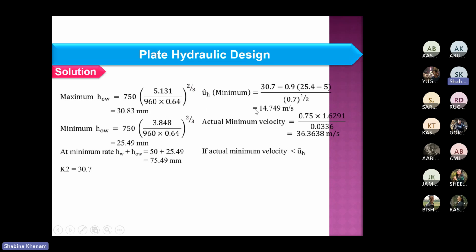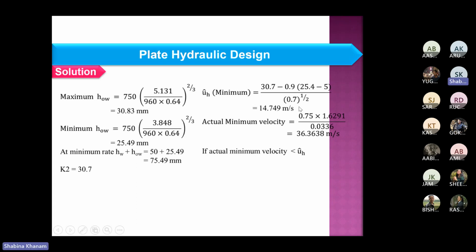You can find as the 14.749, and actual minimum flow rate. This is for bottom, VM prime into 0.75 divided by hole area. Okay. And then you can consider this hole area, how you have obtained. That should be, I think 8% is given. So 0.08 into active area.